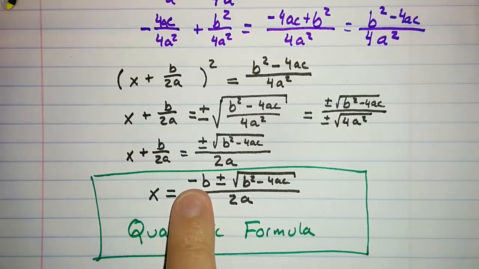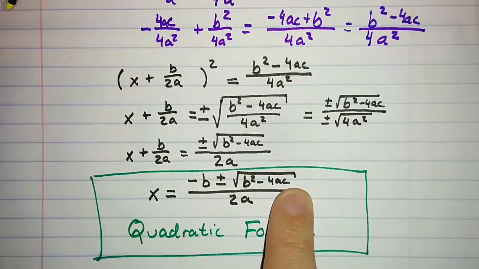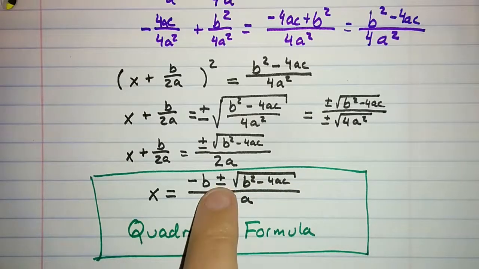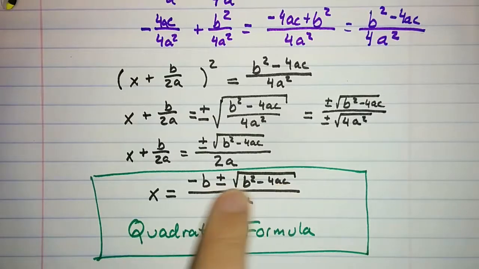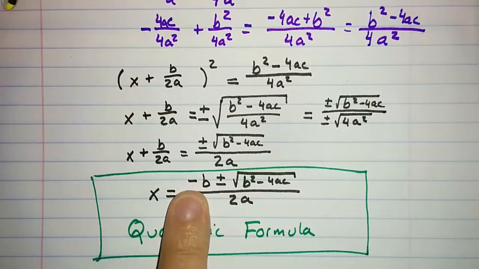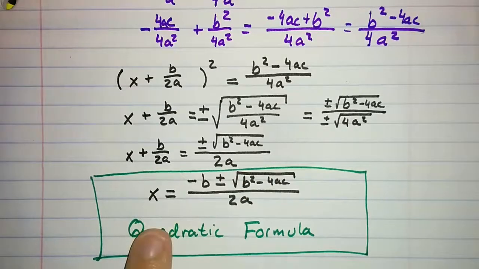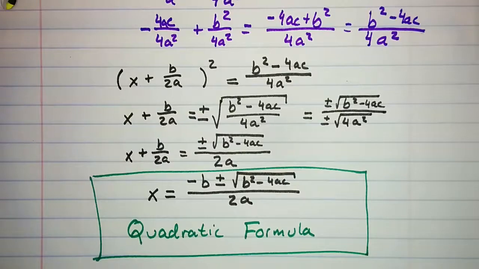We've seen why this turns out to be a negative b, why we get b squared minus 4ac all inside one square root, why this part is plus or minus and this part is not. Seeing the derivation once is helpful for us because it helps us remember how the pieces go together here. From here on in, though, we can refer to this formula in our notes when we want to use it to solve a quadratic equation.